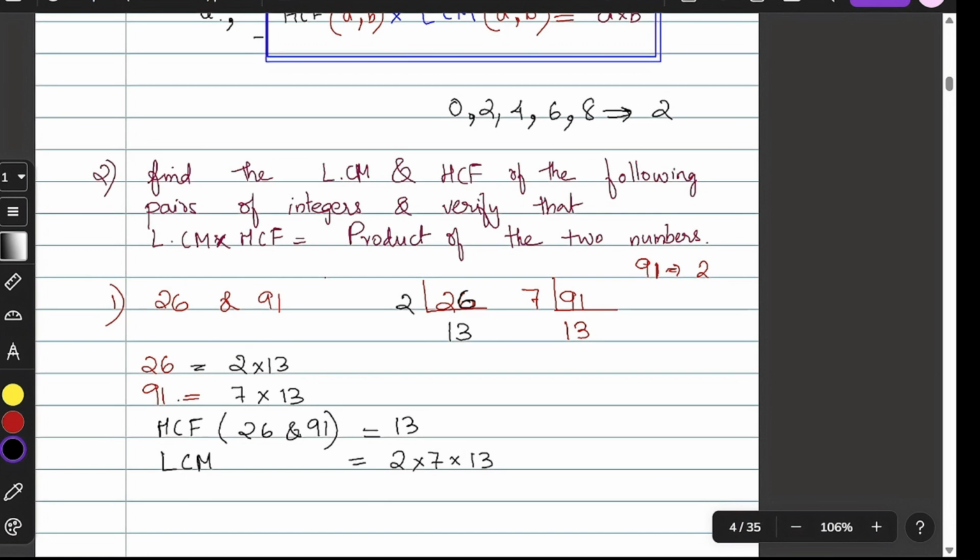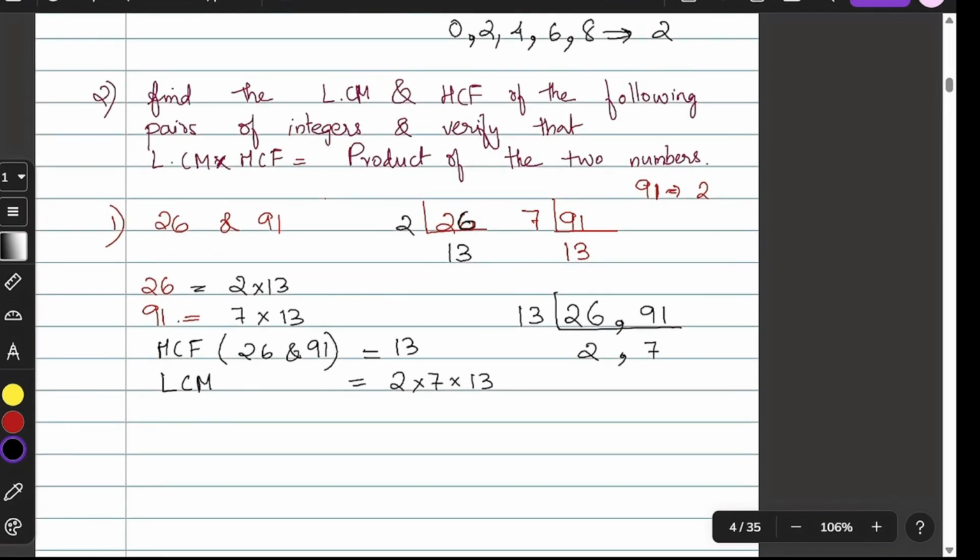Or otherwise, there is one more way I can find the LCM, if you find it difficult in this way. If I take 26 and 91, with which number can I divide them both commonly? It is going to be 13. So for 26, here I put 2, and in the case of 91, I put 7, right?